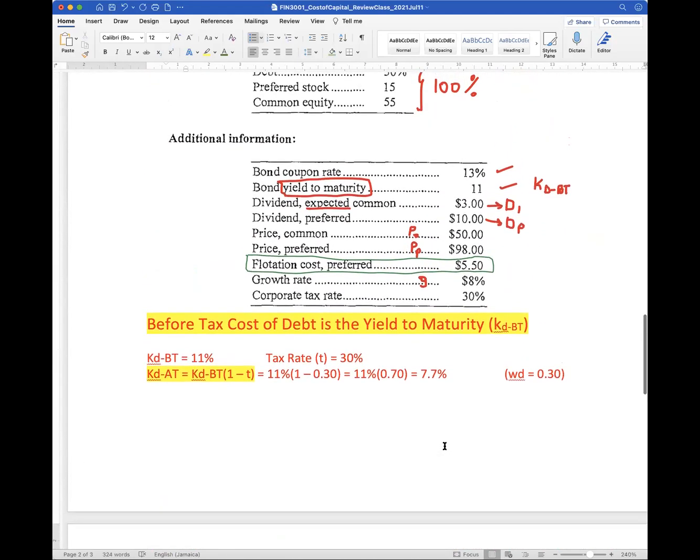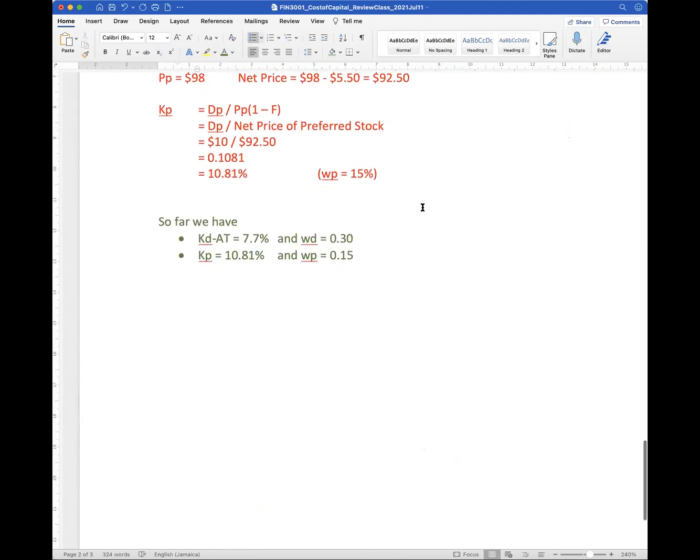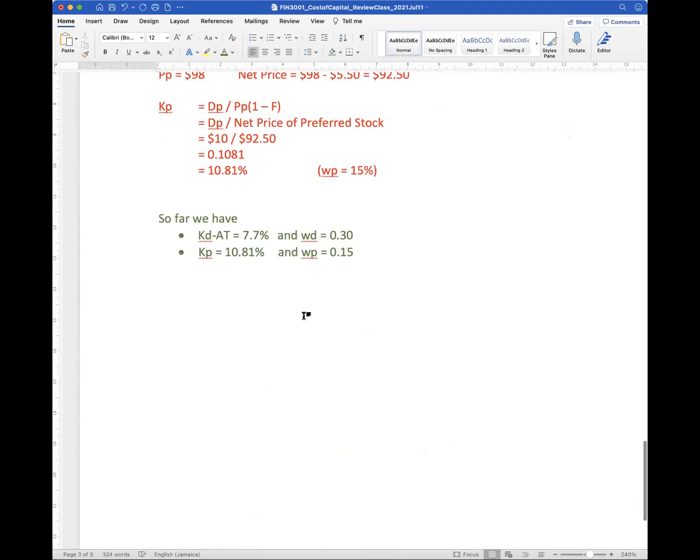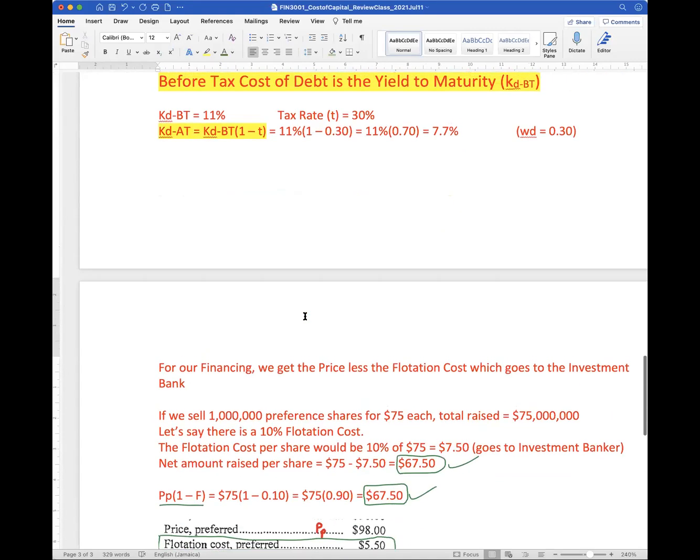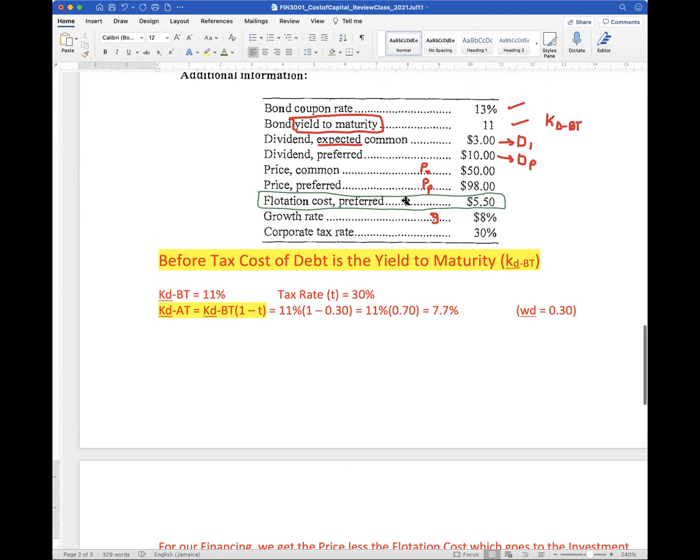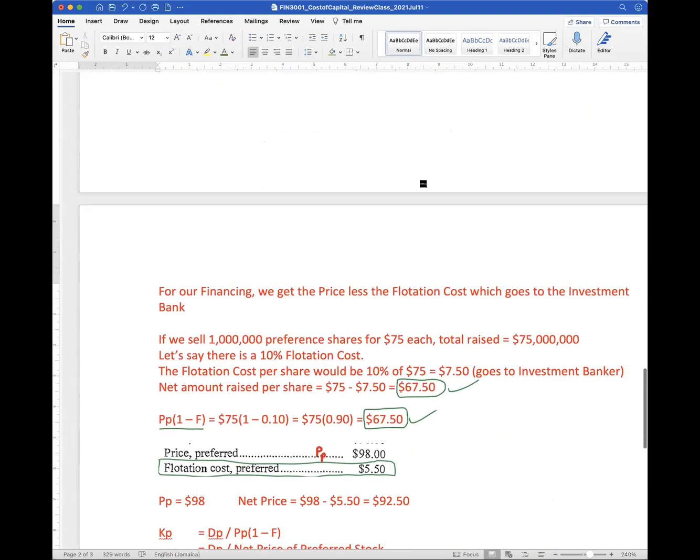For common stock, it says dividend expected for common stock is $3. So let me just put that down. D1 equals $3. Price of common stock, $50.